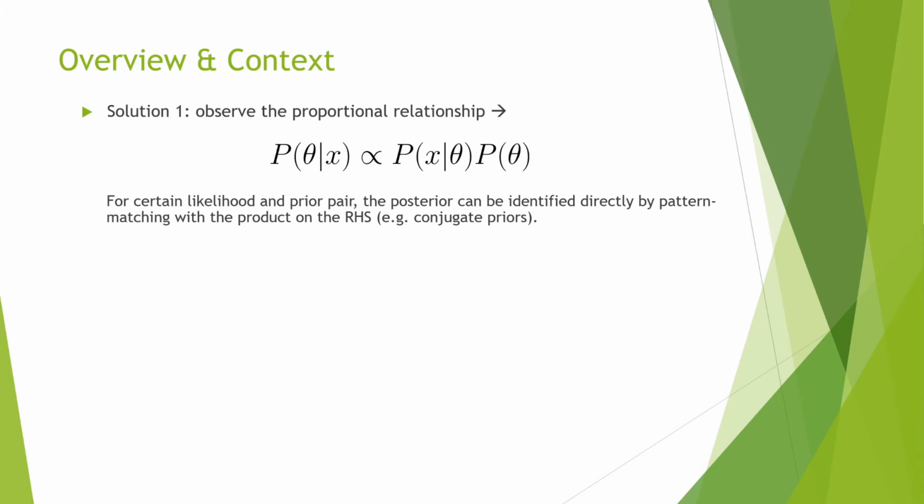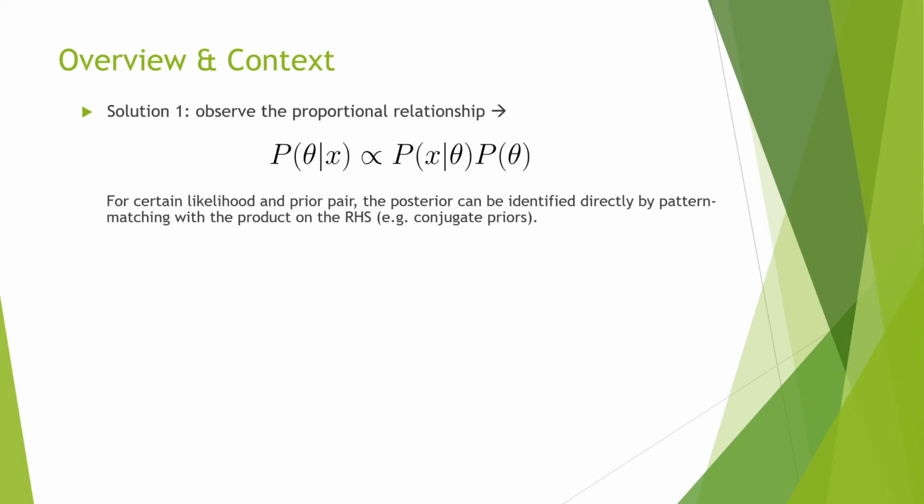So to solve this issue, we want to bypass calculating the evidence. We know the evidence actually integrates out the parameters, and therefore it's just a function of the data point. As a result, the posterior is simply proportional to the product of our likelihood and the prior.